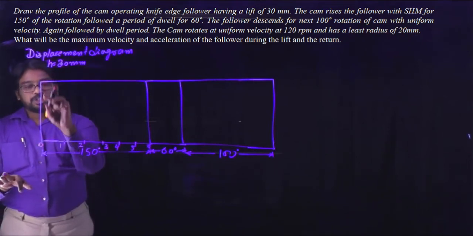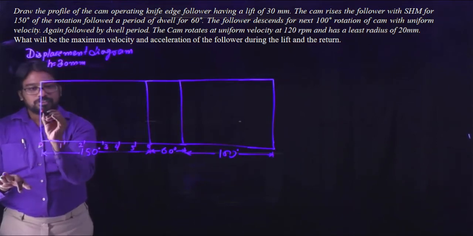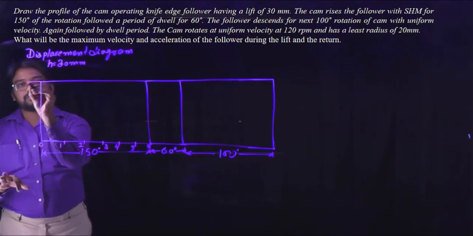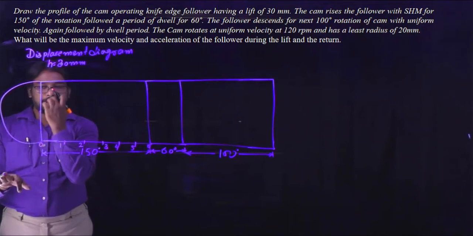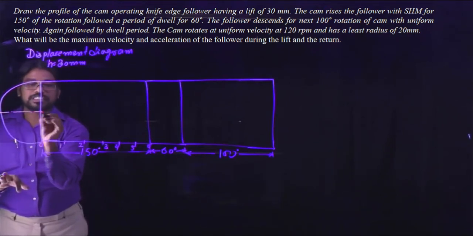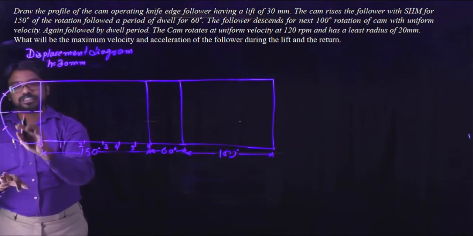Now for simple harmonic motion, with this 30 mm, from the center of this line we draw one semicircle. The semicircle also we are going to divide into 6 equal divisions.